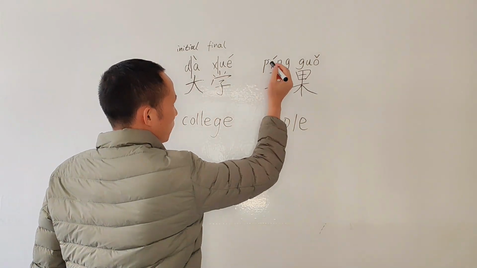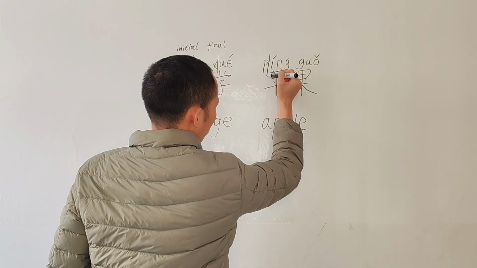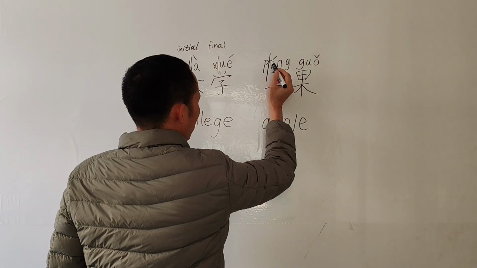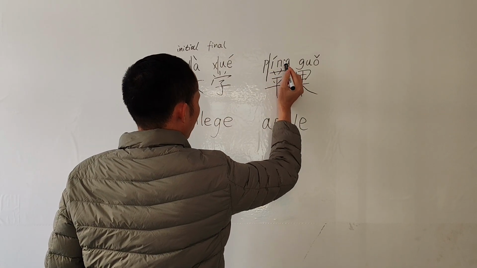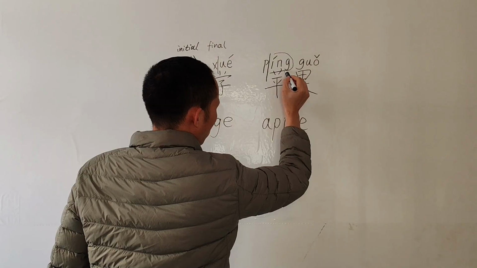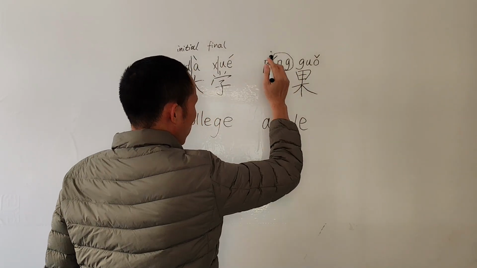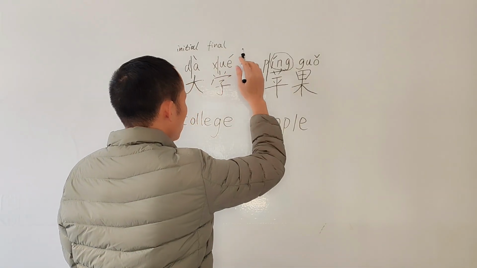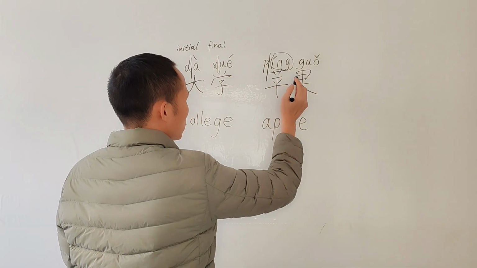Okay, so this one is the same. The P is the initial, followed by the final. This part we call the final. And later on, I will break down and teach you how to learn all these initials and finals.